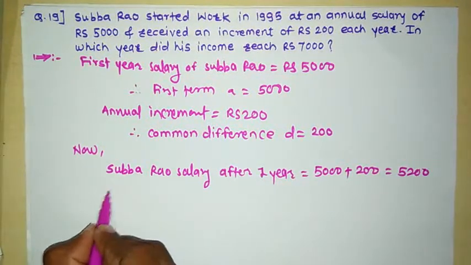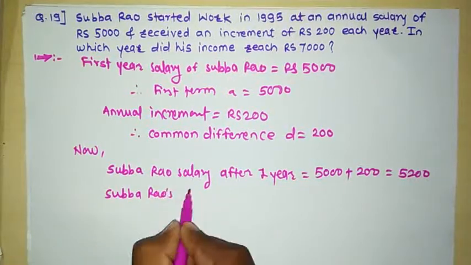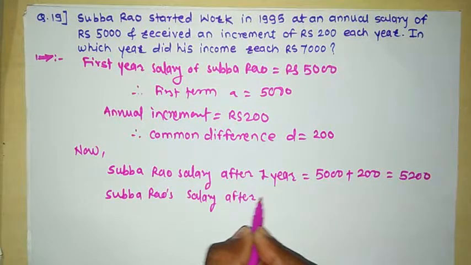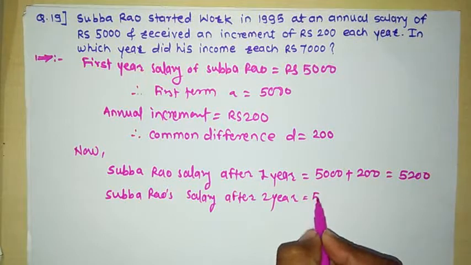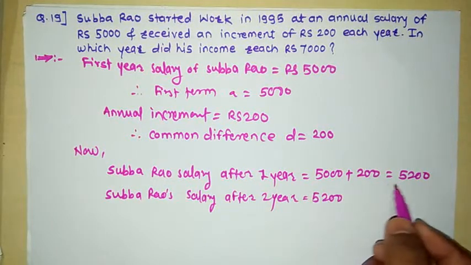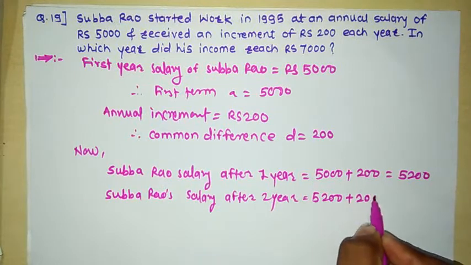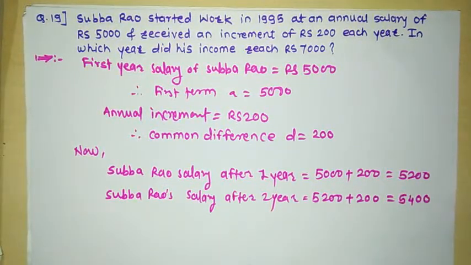Now similarly, Subbarao's salary after 2 years is equal to 5200, that is the salary after the first year, plus 200 increment, which is equal to 5400 rupees.